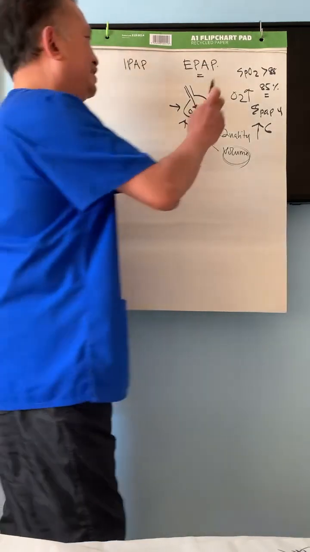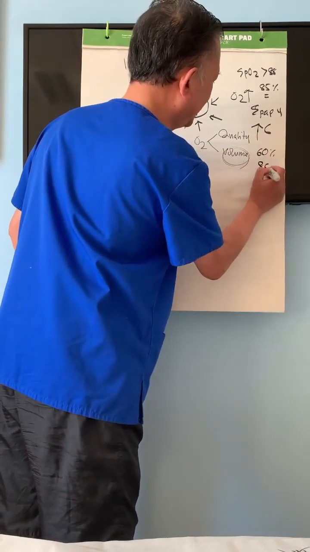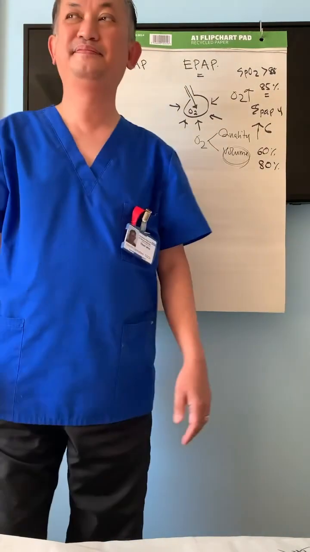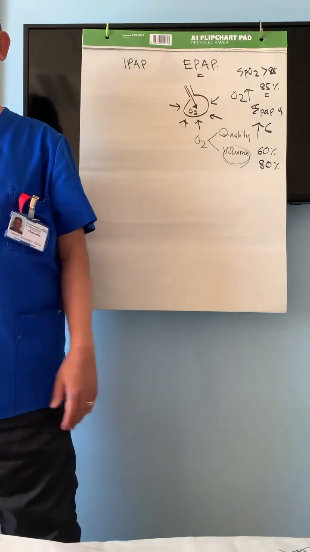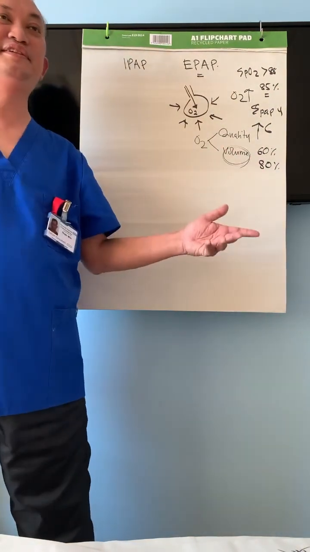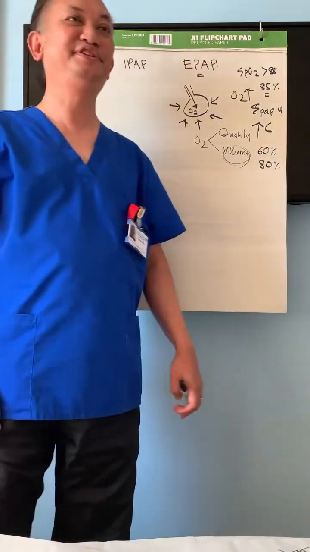So if your patient is only getting 60% oxygen, you may wish to increase to 80% first before you consider increasing the ePAP. Or sometimes you may need to do both at the same time: increase the FiO2 from 60 to 80%, and at the same time a little increase the ePAP from 4 to 6.